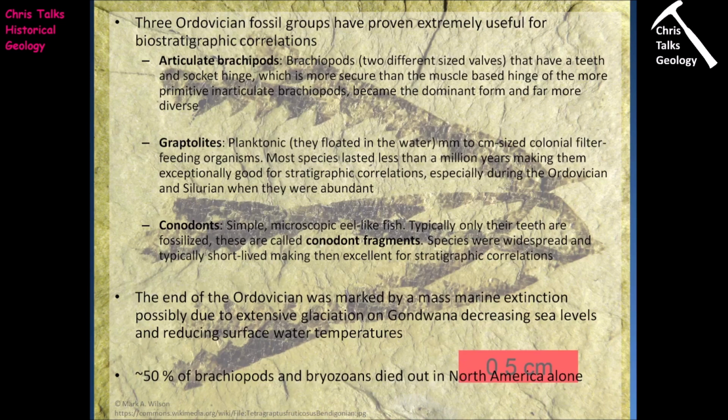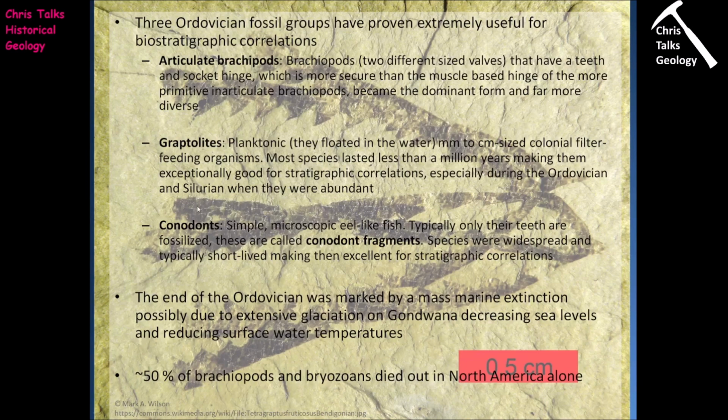Because the species were so short-lived, it allows you to say, this is a very, very limited period of time in Earth history where this species could have lived, and so that allows you to accurately date your rock. So, in terms of the graptolites, they were very common during the Ordovician and Silurian, and then they steadily die out after the Silurian.